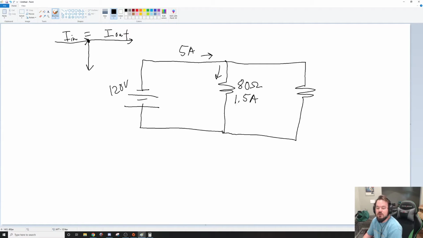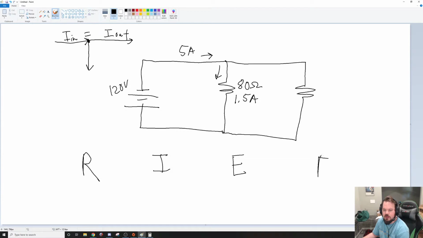In a parallel circuit, let's go through all of the units right now. R, I, E, and P. Remember in a series circuit, current stayed the same and voltage adds up.